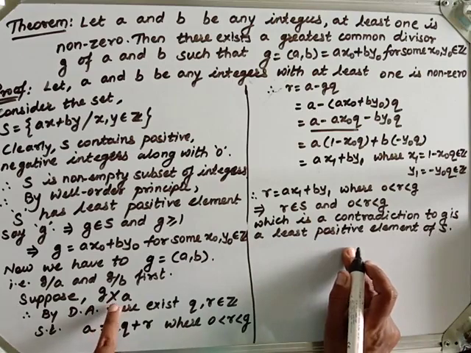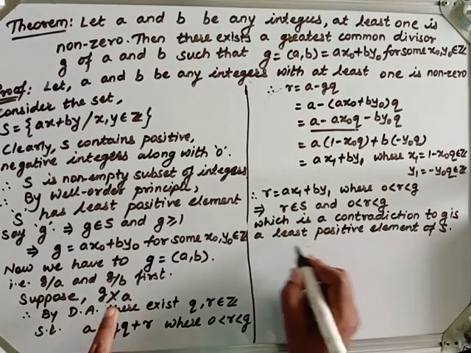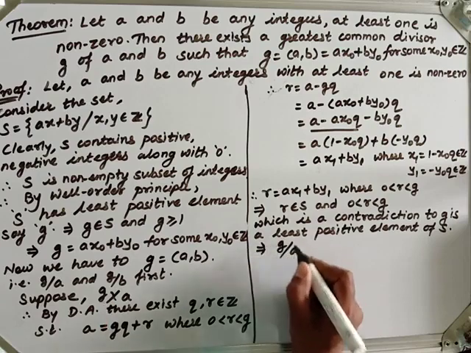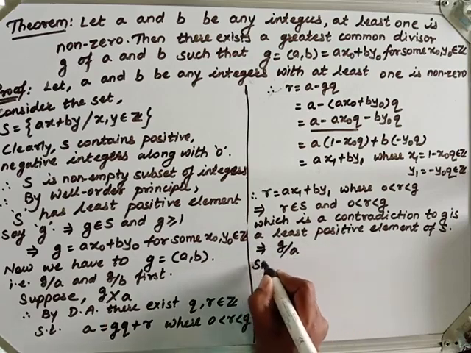Because of this assumption, G doesn't divide A. So this implies G must divide whom? A.